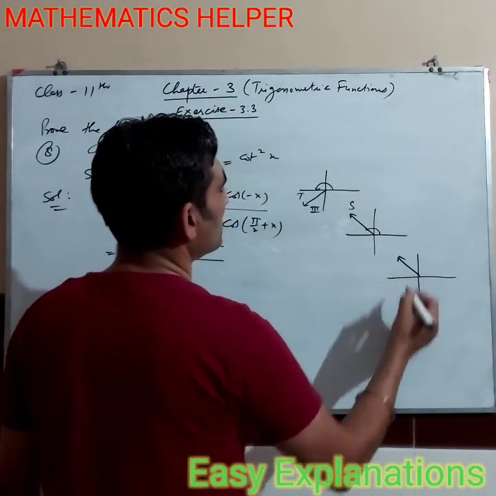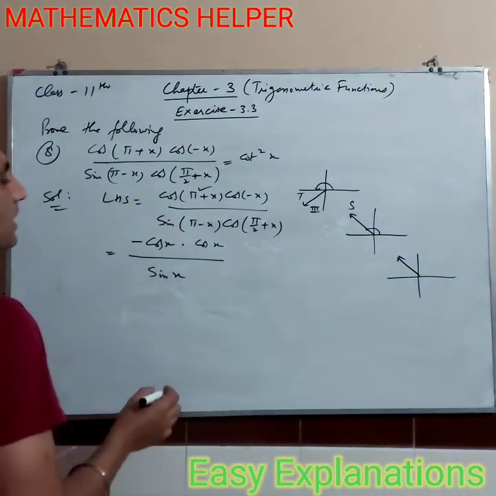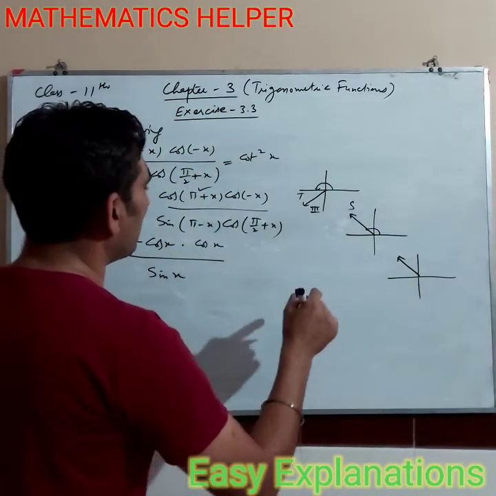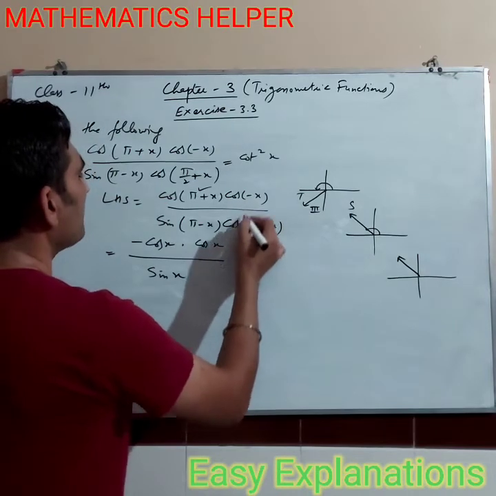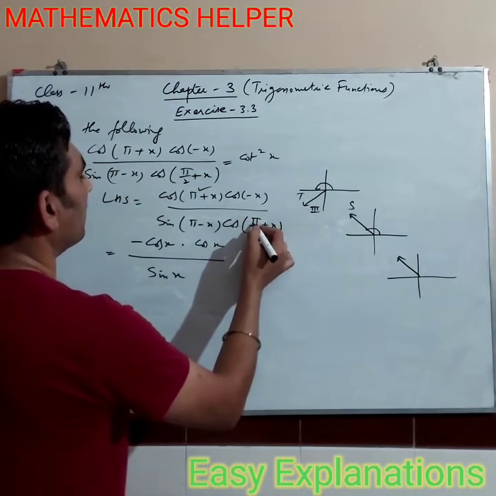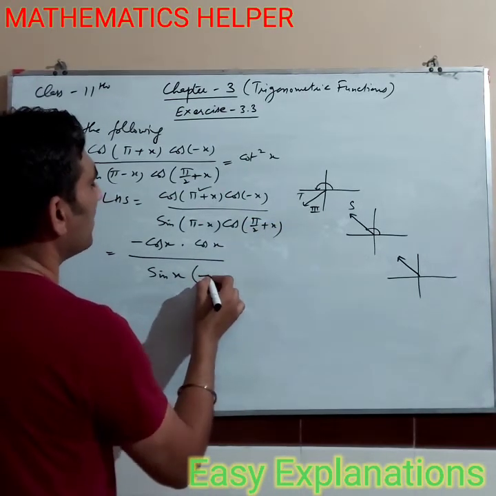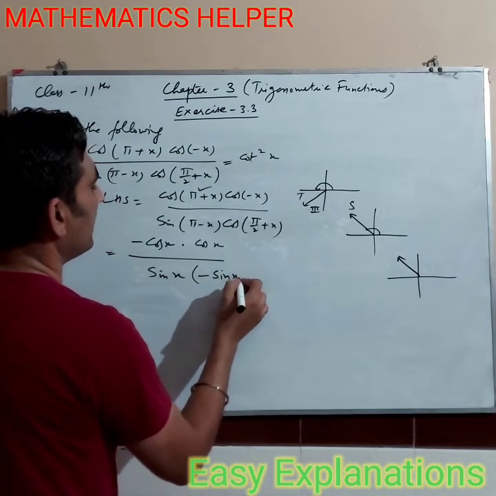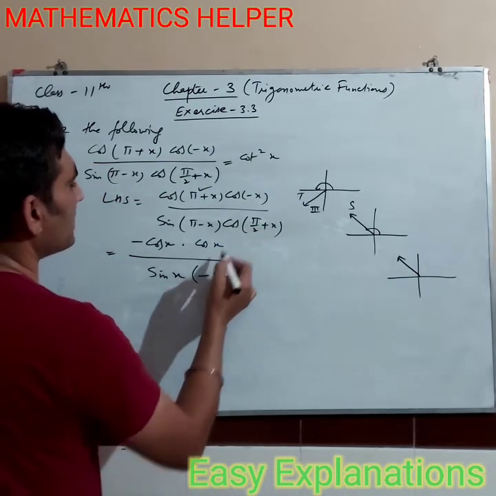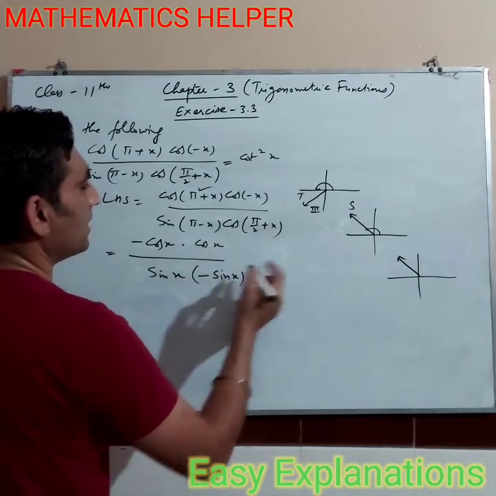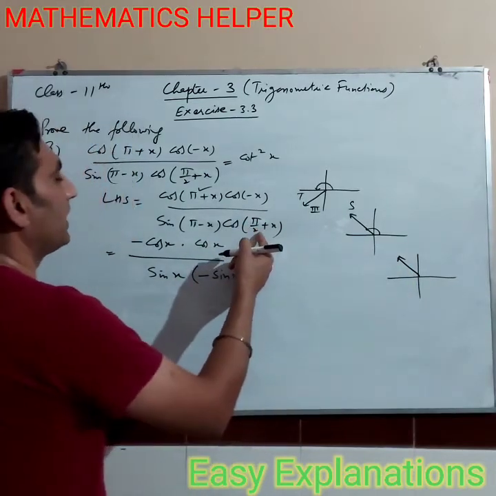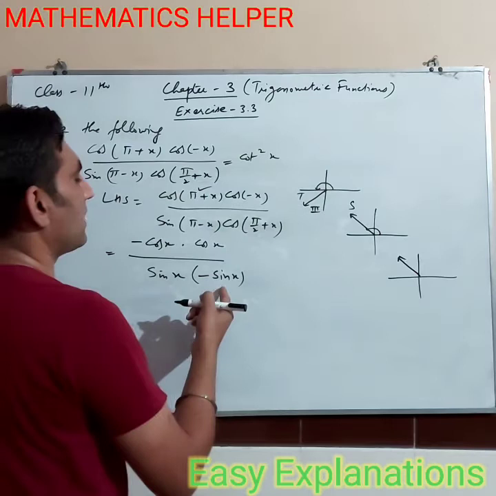It is also in second quadrant. In second quadrant, cos is negative, but because of pi over 2, an odd multiple of pi over 2, it will be minus sin x. The negative sign is there because of cos in second quadrant, and because of 90 degree, cos becomes sin x.